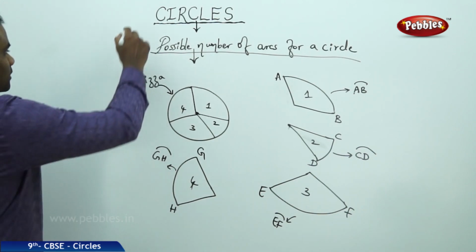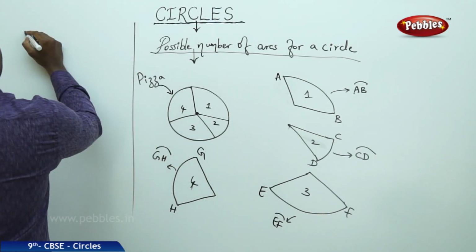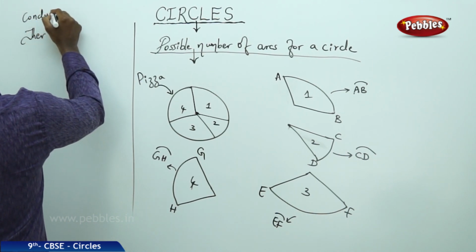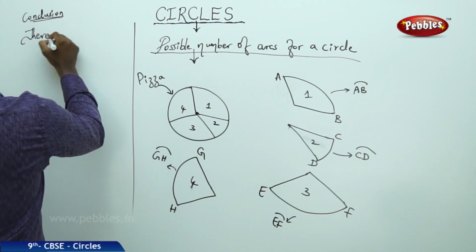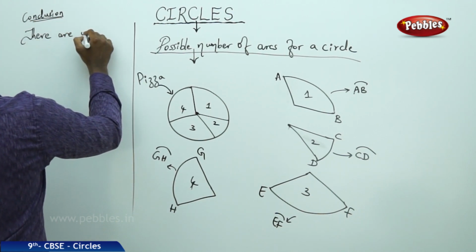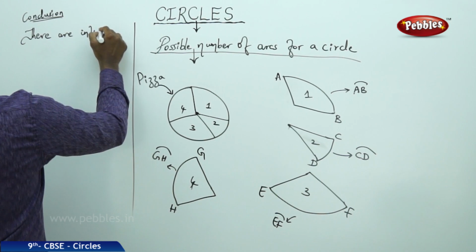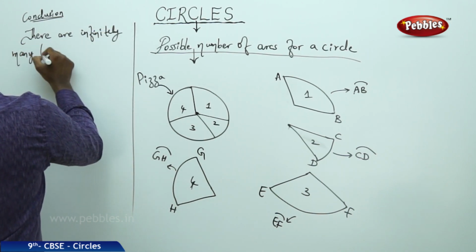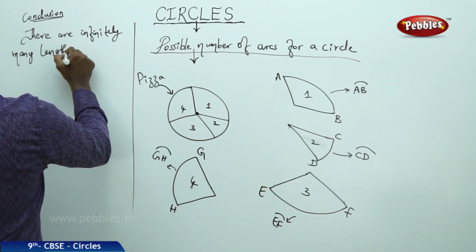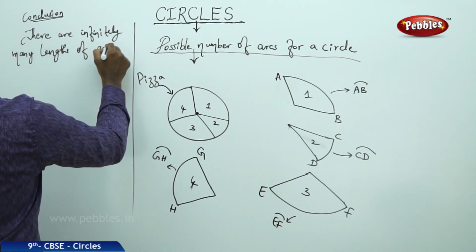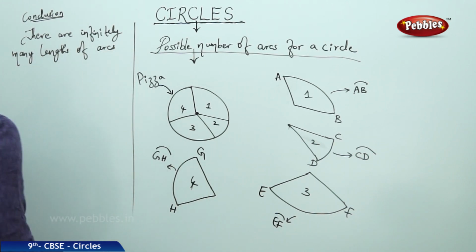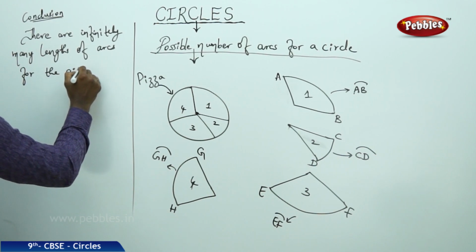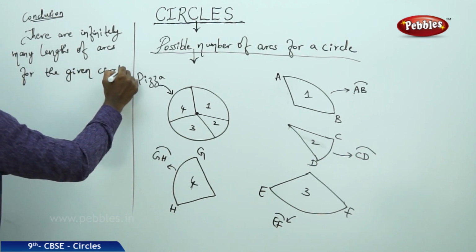So my outcome here is that, conclusion, there are infinitely many lengths of arcs for the given circle.